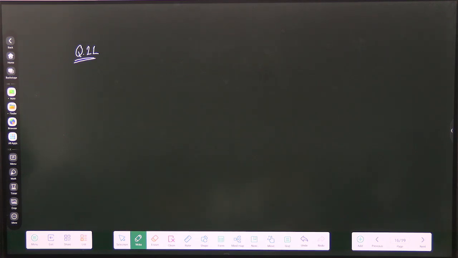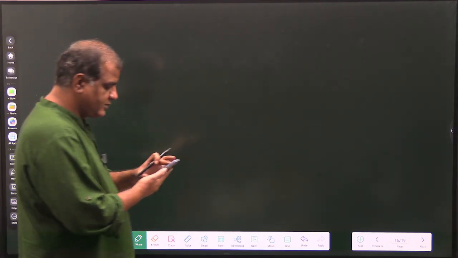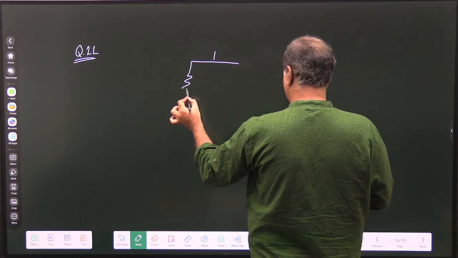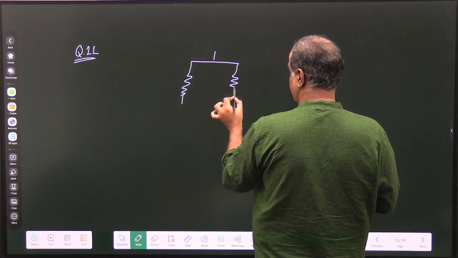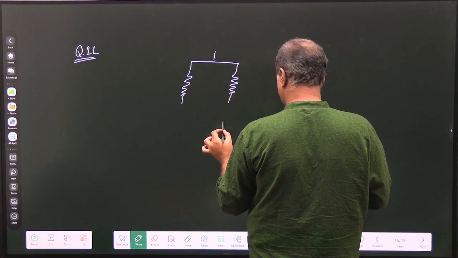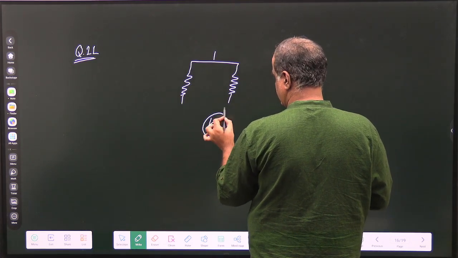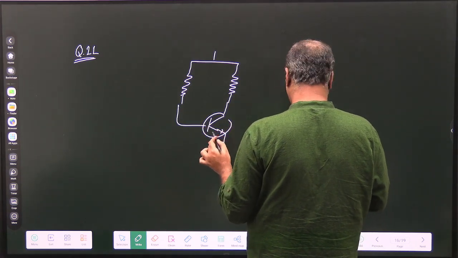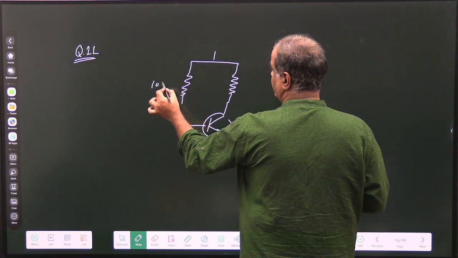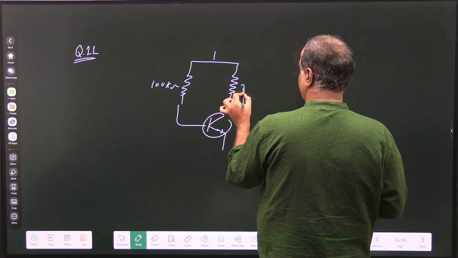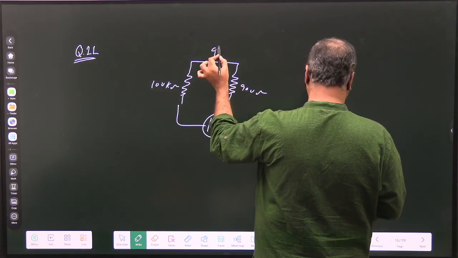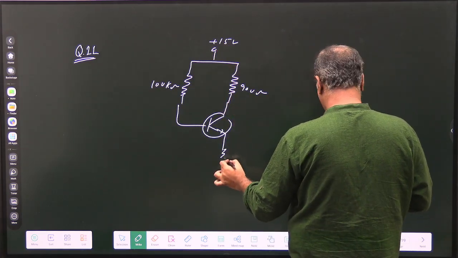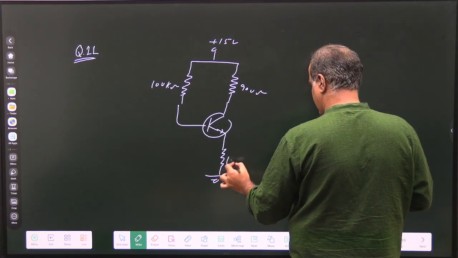So question number 11 we do first. Question number 11, you have this $100 kilo ohm, 900 ohm, and then you have a 15 volt, and this is your 100 ohms.